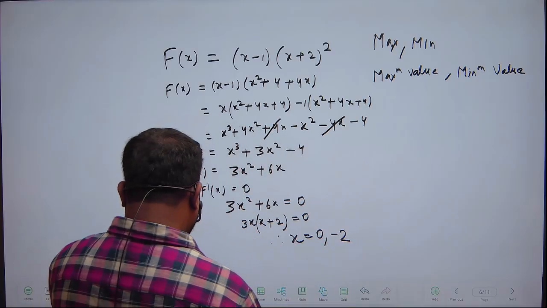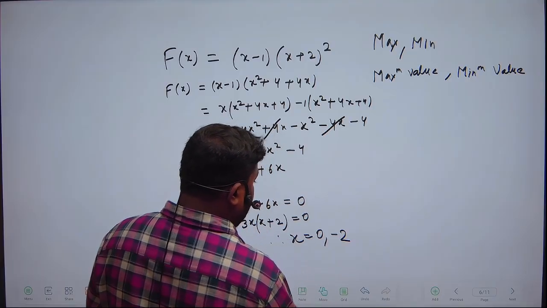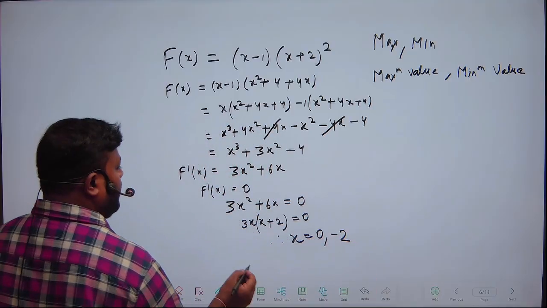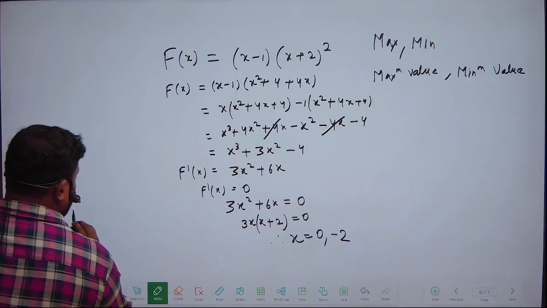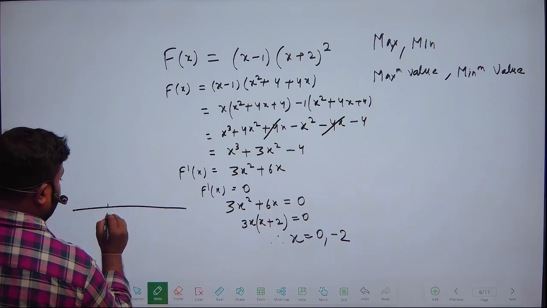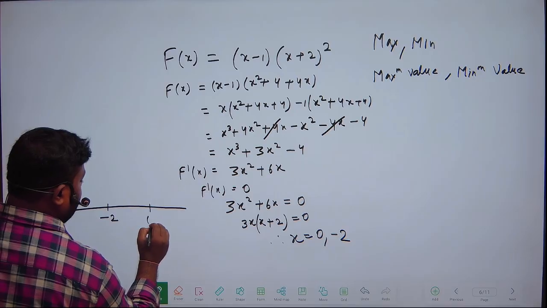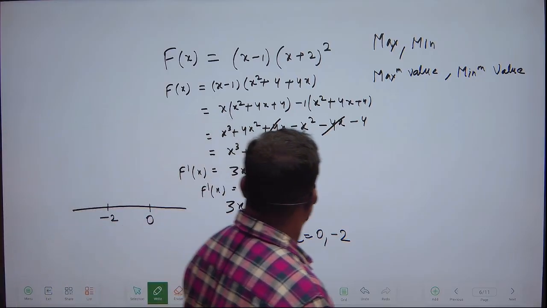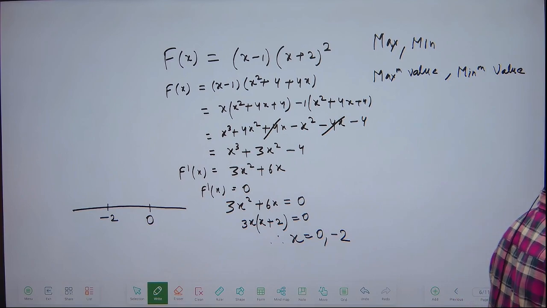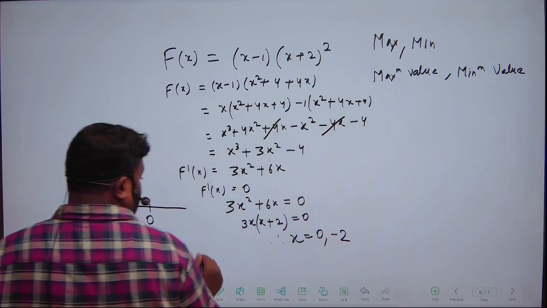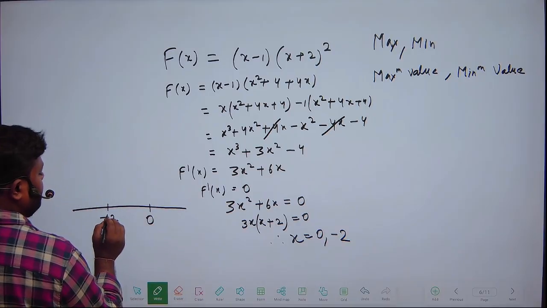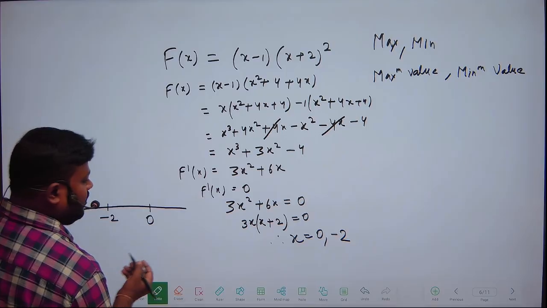Okay. Now, how can we understand at what value of x the function has a minima or a maxima? See, I am plotting a line here. I am taking the value -2 here and here is 0. Just think of a value less than -2, that is -3.